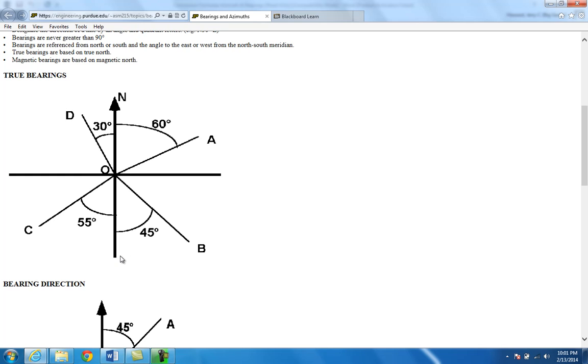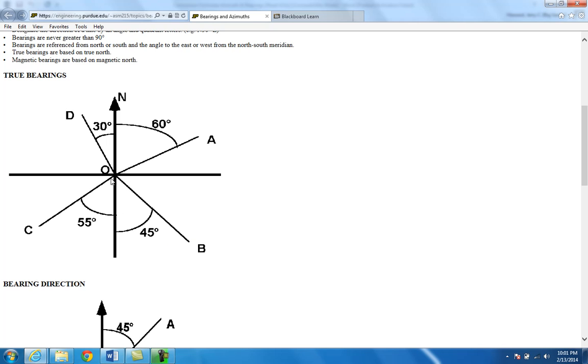Now down here in this quadrant, let's say we're shooting another survey down to this tree. Remember, this is south 0, and it goes up, 10, 20, 30, 40, 45. There's your 45 degree angle.